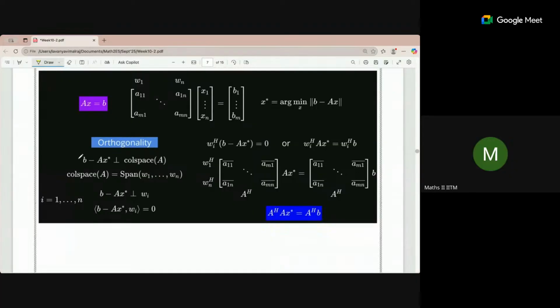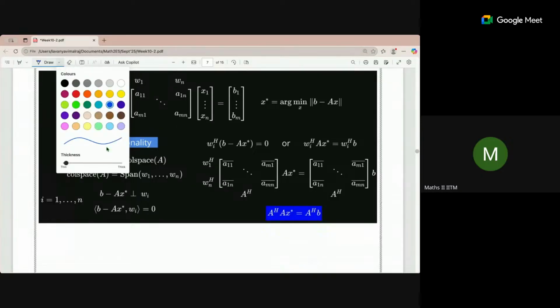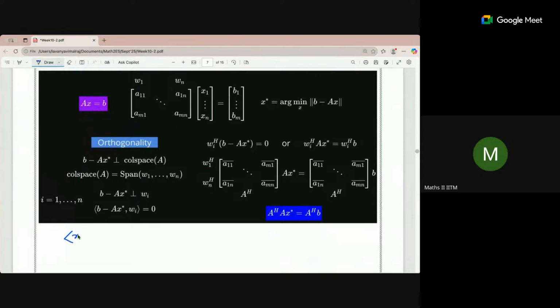Do you agree? Let's say you have the inner product of x comma y equal to 0. What does this mean? Let x = (x1, x2, ..., xn) and y = (y1, y2, ..., yn). According to the usual inner product in Cn, the inner product x comma y is x1 y1 bar plus x2 y2 bar, and so on, up to xn yn bar.